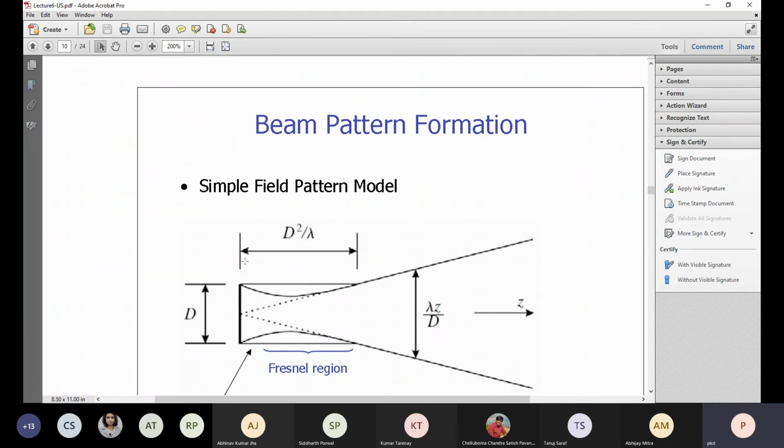In between, this zone is known as the Fresnel zone, and the other zone is known as the Fraunhofer zone. The near zone is the near field zone and this is the far field zone. So here we have a depth of focus zone.